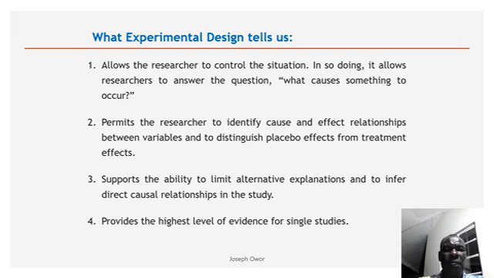So experimental design also, thirdly, supports the ability to limit alternative explanations and to infer direct causal relationship in the study. Once you do an experiment, you can be able, with confidence, to say A causes B, A influences B, without doubt, as opposed to other designs where you just speculate.